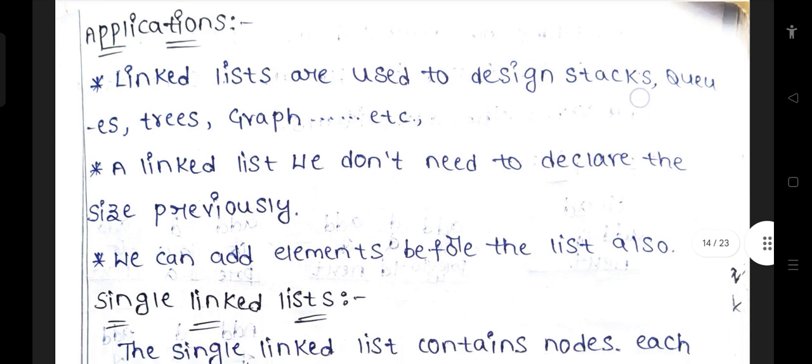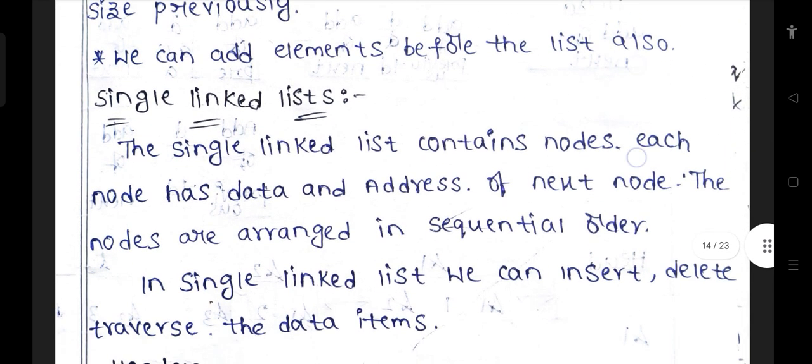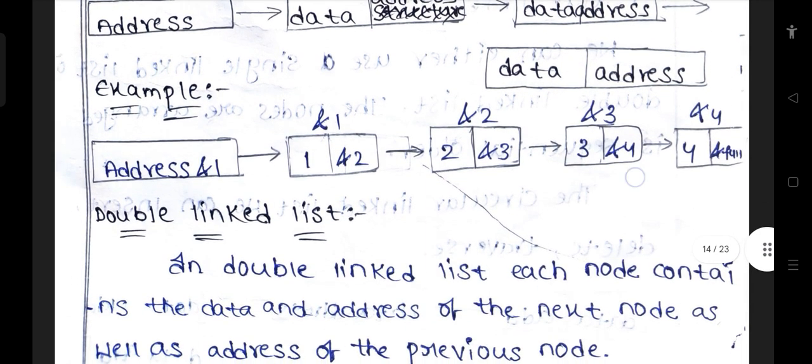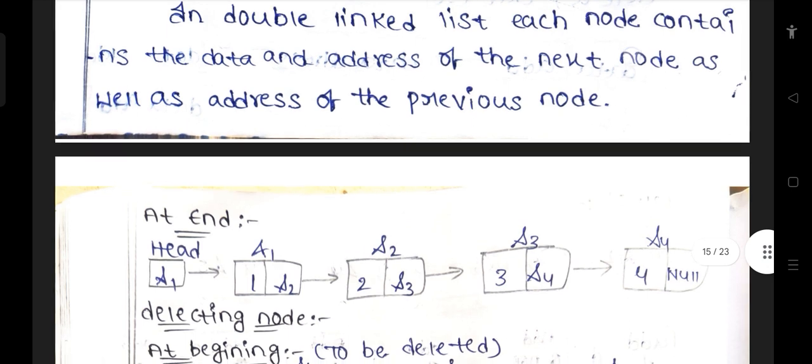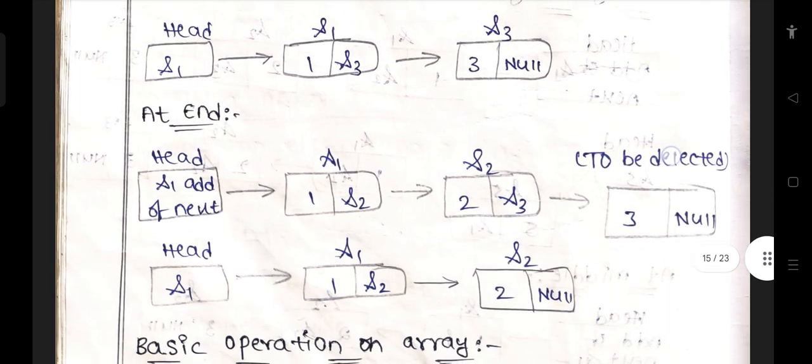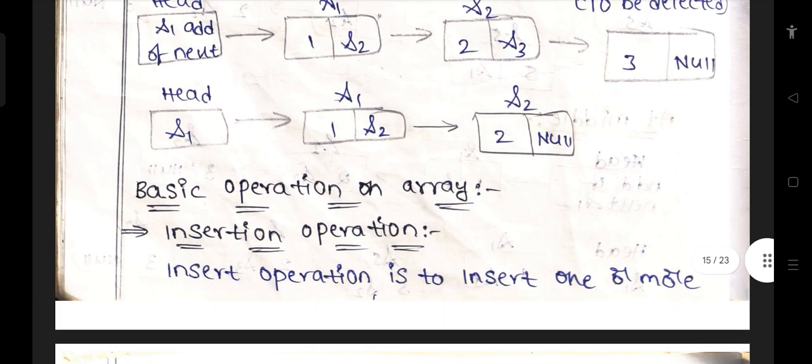Applications are also known as uses and benefits of a linked list. Coming to the types of linked list: single linked list, with an example, and double linked list. This is the representation of them. These two are enough for linked lists.